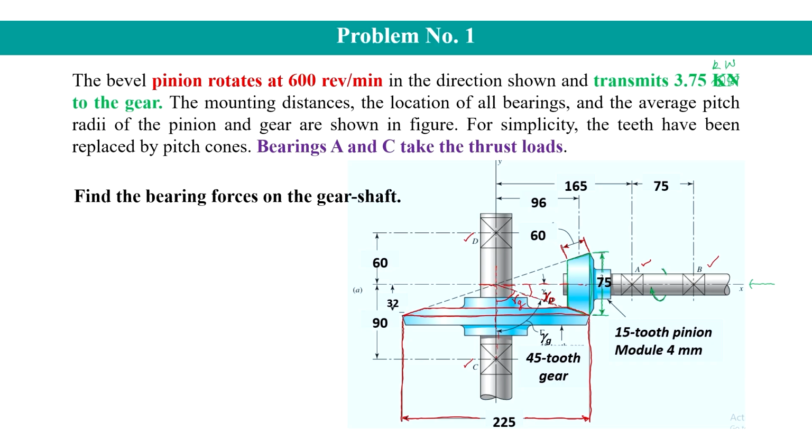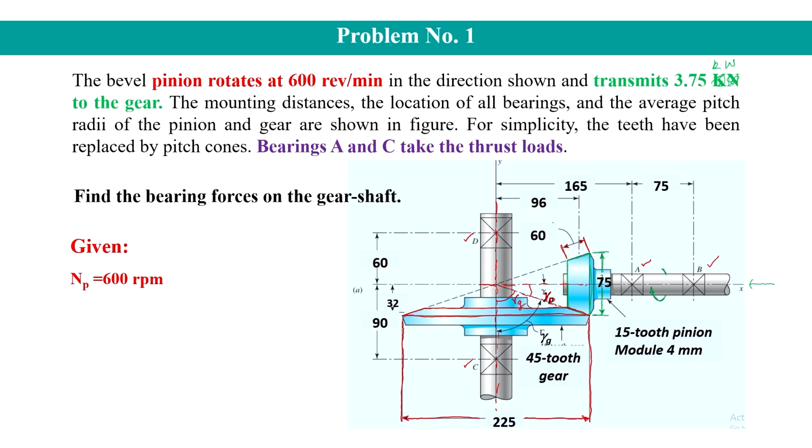Now, we have to find bearing forces on the gear shaft. This is the gear shaft. So, CD is the gear shaft, and on the gear shaft we have to find the bearing reactions.